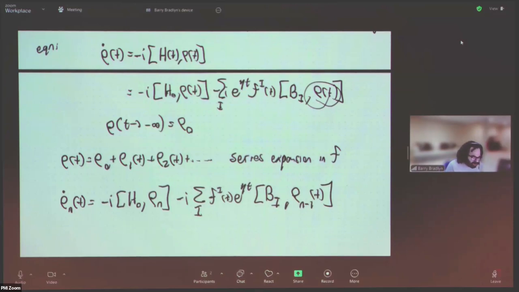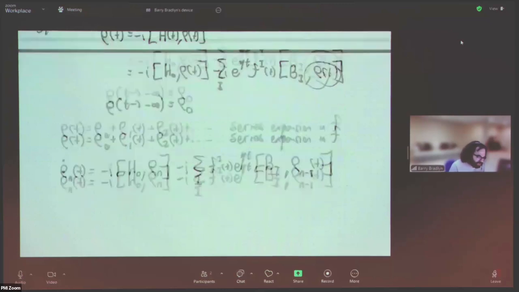So we get a nice recurrence relation for rho sub n dot of t, and we can solve this iteratively by using a Dyson series.